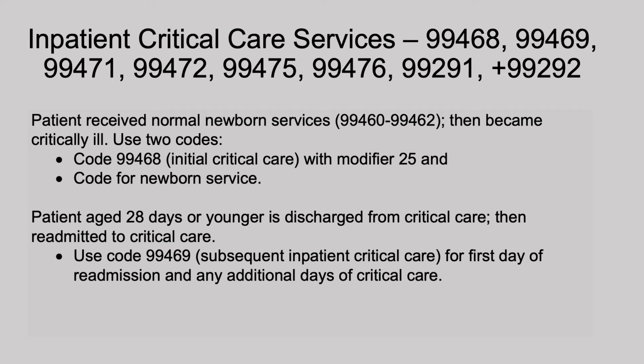So they're in critical care, they're stabilized, they think it's going to be okay. They're discharged from critical care, moved to a different setting, but then worsens and they're readmitted to critical care. So use subsequent inpatient critical care for the readmission. So you don't go back to initial critical care. They've already got critical care, they're discharged, they go back, and in that case, it's subsequent.